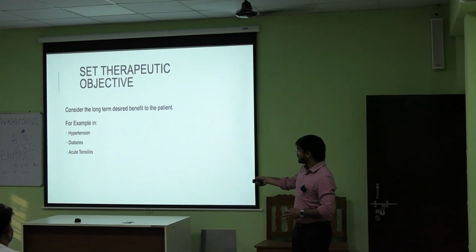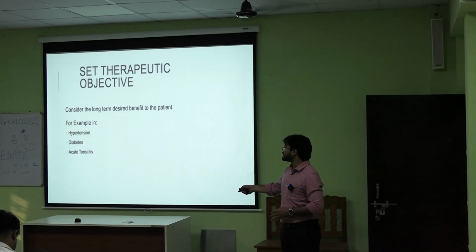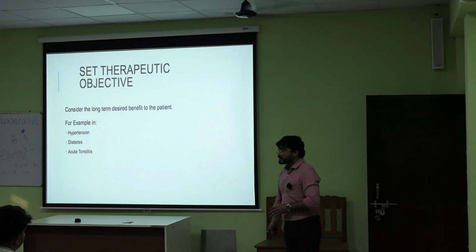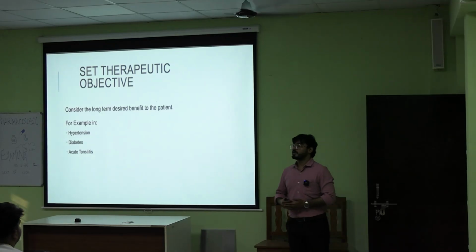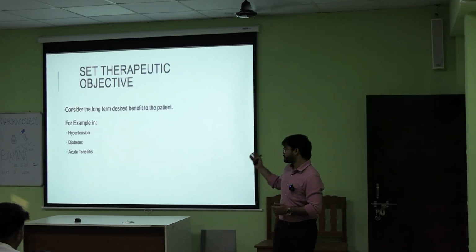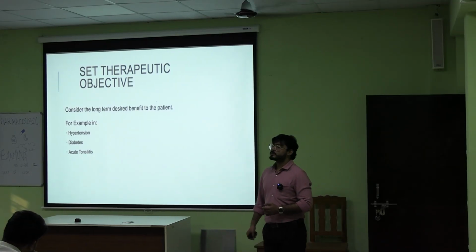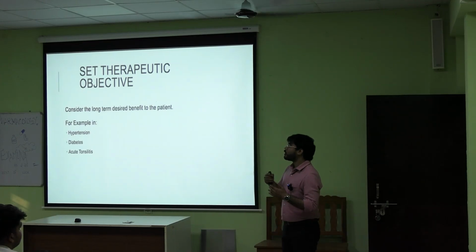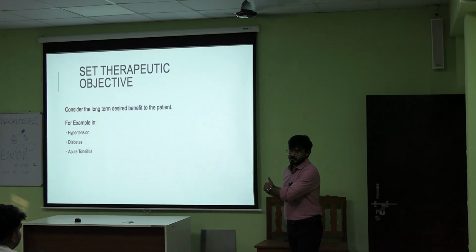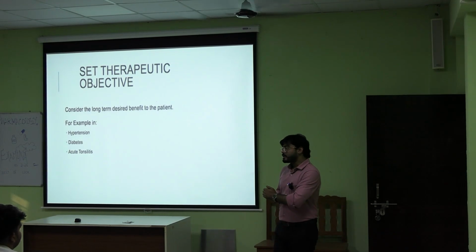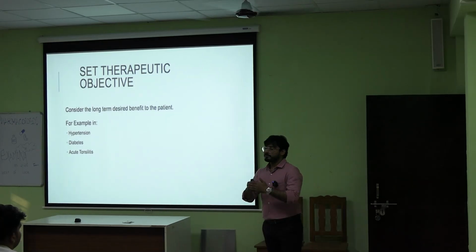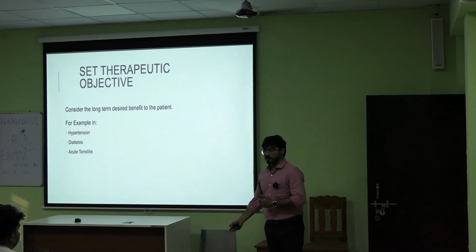Now, see the 3 diseases: hypertension, diabetes mellitus, and tonsillitis. Now, when you are about to give the treatment for these diseases, you should consider the long-term benefits of the patient. It's not like you will give today and the disease will end tomorrow.